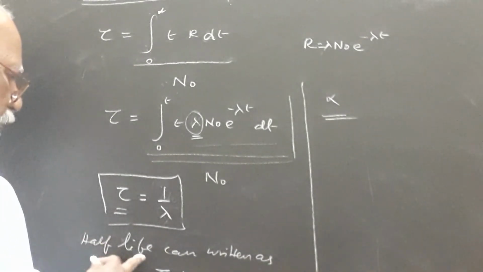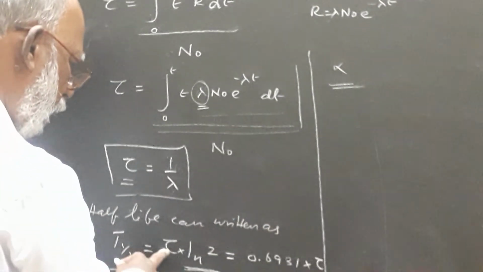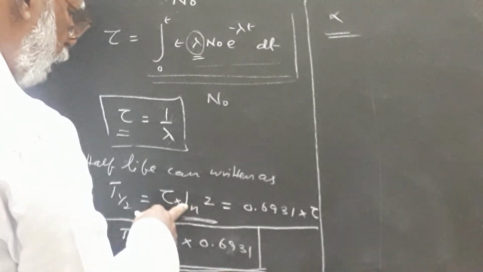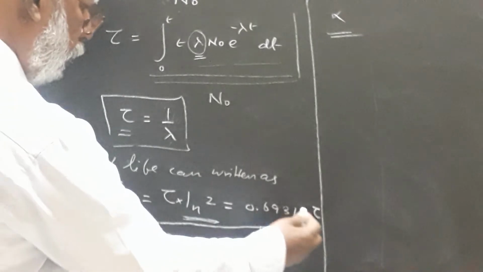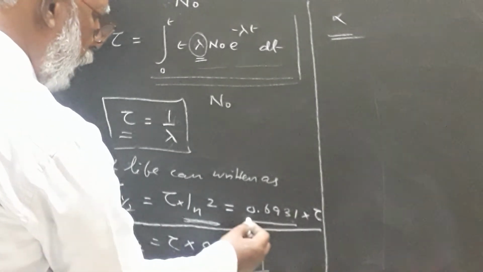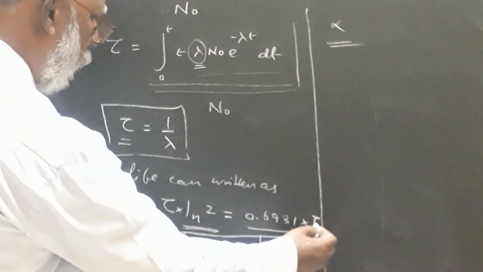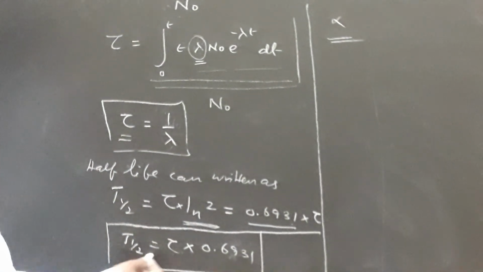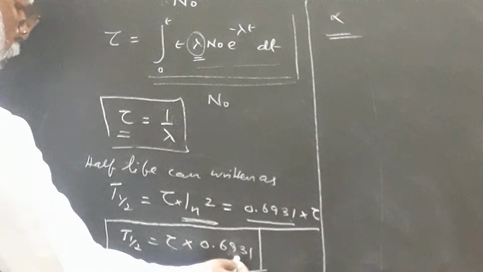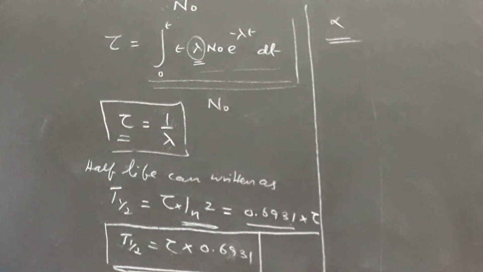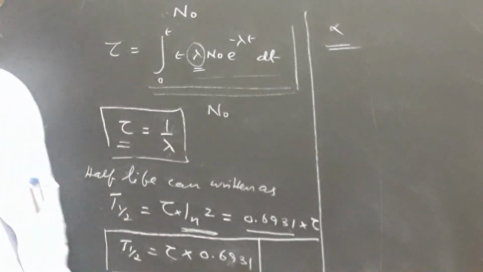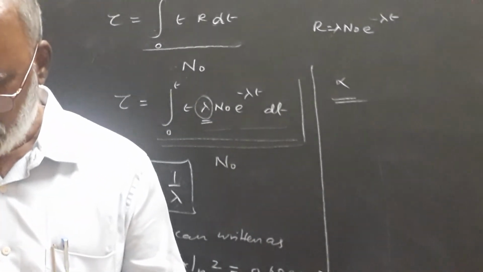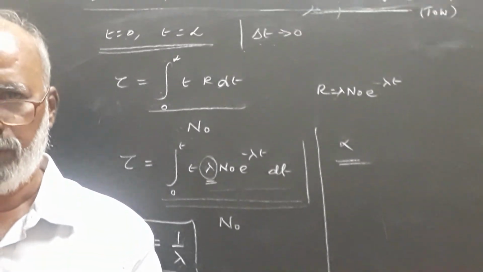Then half-life can be written as tau into natural log of 2, multiplied by mean life. Finally we get T half as mean life multiplied by this value. This is a very important question for 2 mark or 3 mark questions. It may be asked. I hope you understand clearly.